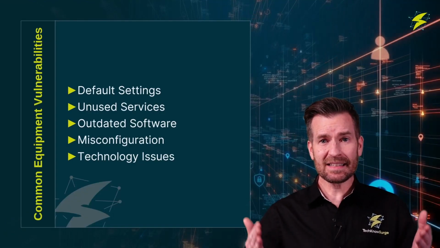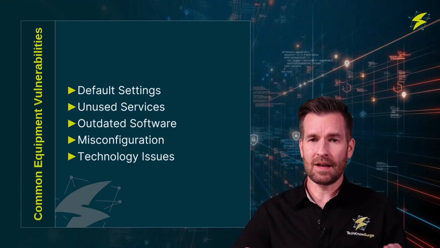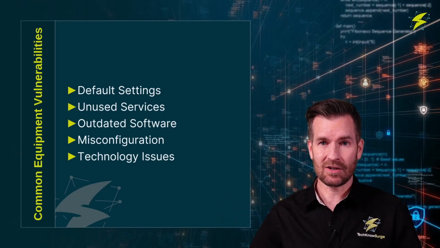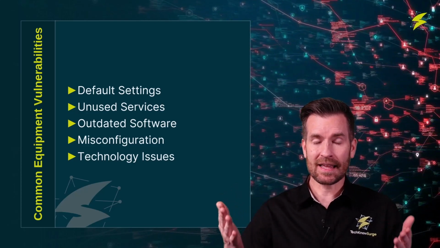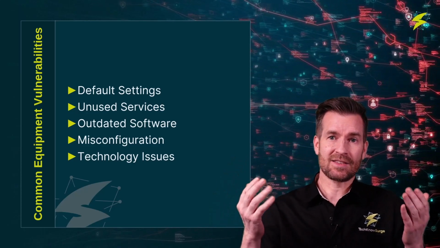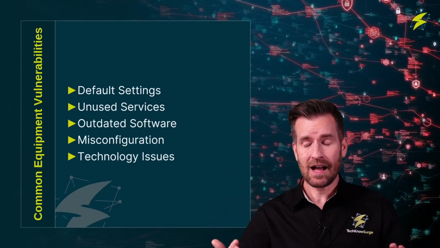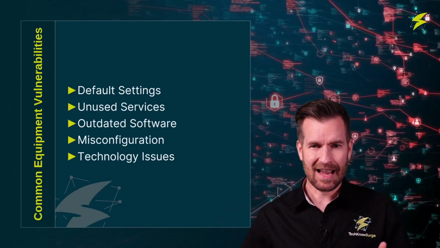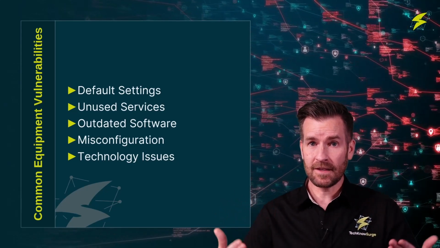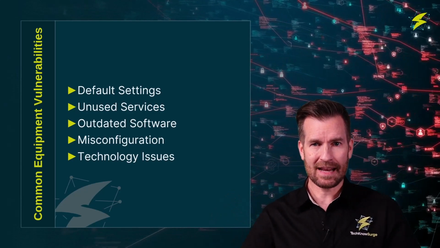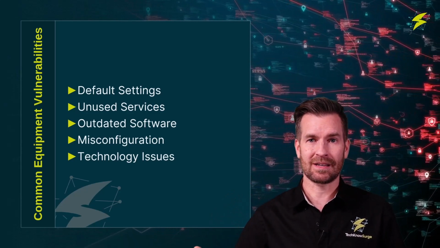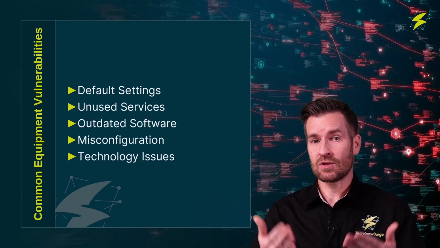So as we've seen in this video, a piece of equipment is going to just be insecure by its nature. It's going to come with default settings on it. It's going to have a bunch of services that are running on it. It's going to come with outdated software. And we're going to have to start configuring that piece of equipment and updating it to make sure that it's more secure. But that comes with issues in itself.